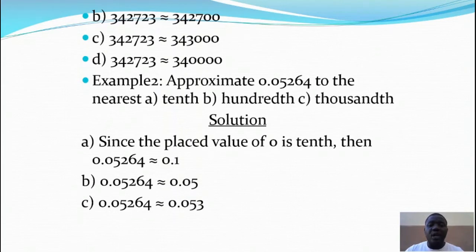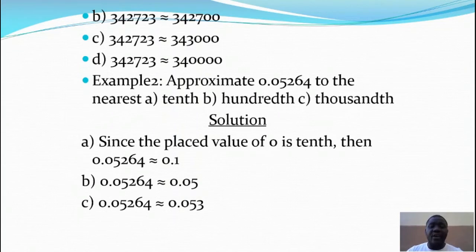So you look at 0, there is 0.0. The second 0 is at the 10th position. So since it's at the 10th position, that 0 is our required point. Then the next figure after 0 is 5, which is among the 1. So make 5 to be 1 and add it to 0, it becomes 1. That is why we have 0.1.